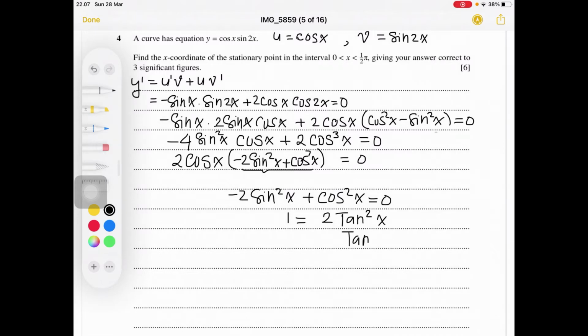So tan x is equal to square root of 1/2, actually plus or minus square root of 1/2, but because the interval of values of x is from 0 until pi over 2, we take the positive value only. And finally, the value of x will be tan inverse of square root of half. The answer is 0.615 radian.